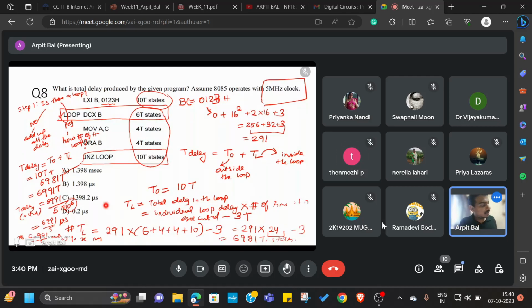Why -3? So this -3 was done to account for the JNZ loop's delay. Here the JNZ loop is written as taking 10 T states, but 10 T states is when it is executing. For the last execution, let's say a loop is being executed for 0, 1, 2, 3: for the first execution JNZ will take 10T, for the second execution 10T, third execution 10T, but for the last execution it will take 7T.